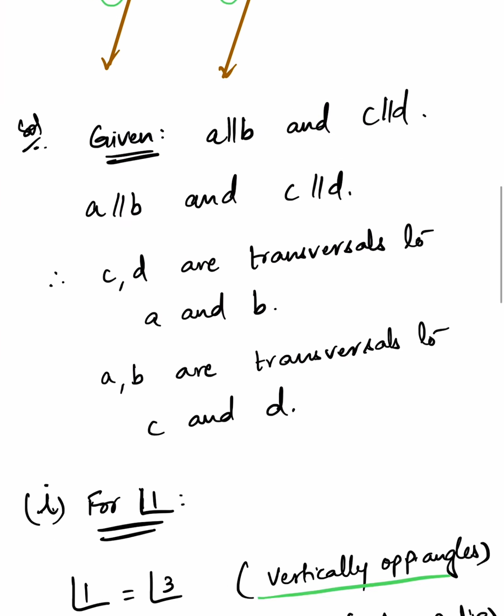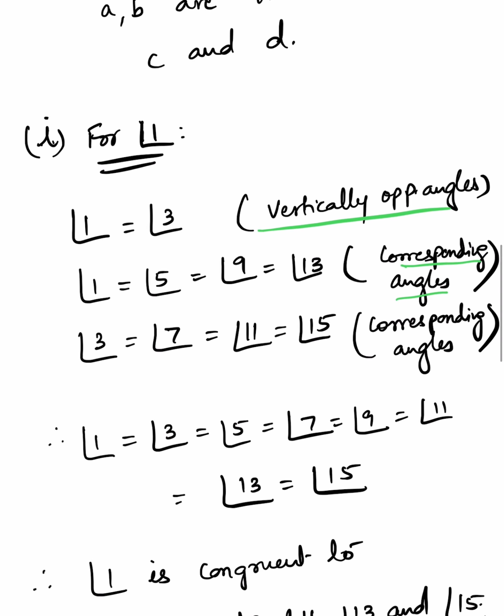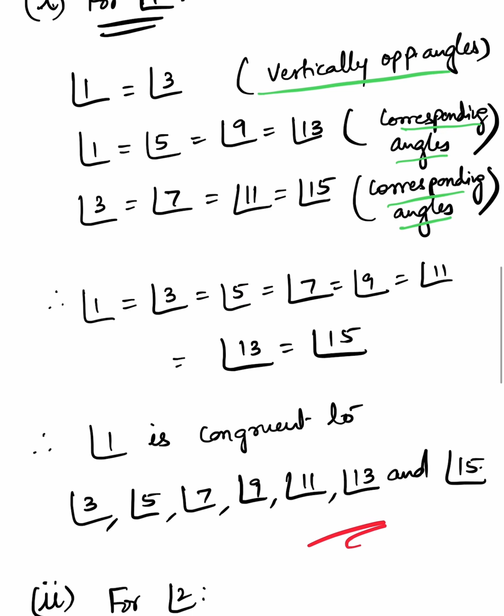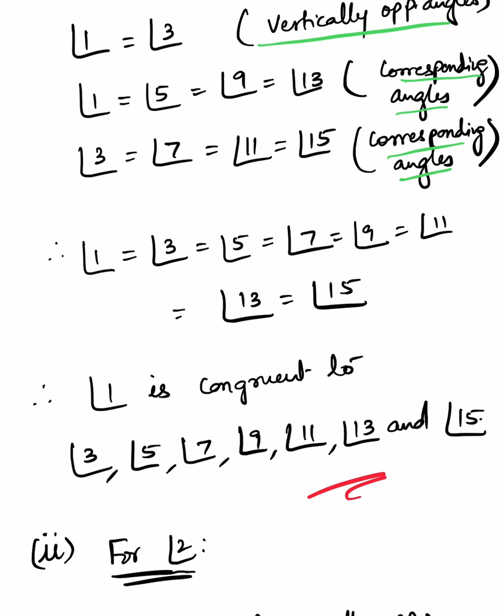Again, same reason. 3, 11, 15 and 7 are equal because they are also corresponding angles. So from the above equations, 1 equal to 3 equal to 5 equal to 7 equal to 9 equal to 11 equal to 13 equal to 15. So angle 1 is congruent to all these angles 3, 5, 7, 9, 11, 13 and 15.